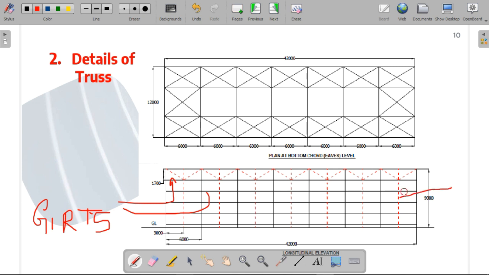These sag rods will again help to minimize the deflection of the girt. So considering this, you will have a minimum deflection value for the girt, and we have to design these bracings or the sag rods as well as the girts.